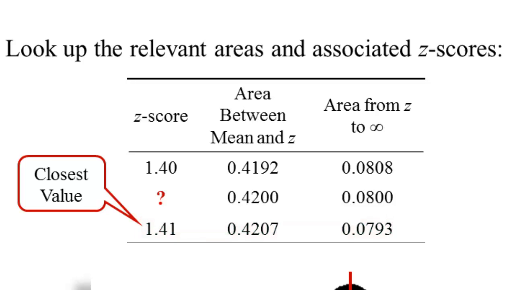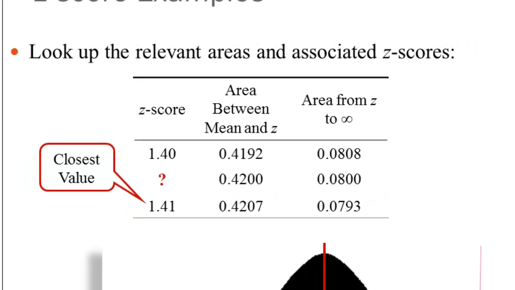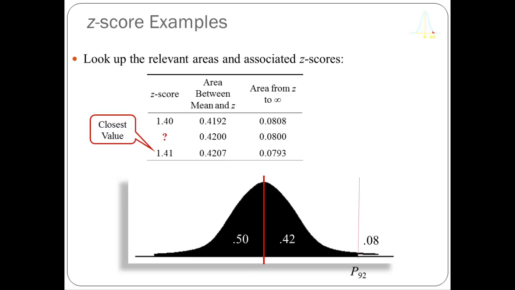If you may have learned in middle school or high school how to interpolate numbers, more technically we should probably interpolate this, but the amount of error is so small that my suggestion for this course is simply take the closest value, which in this case is a z-score of 1.41. So now we know that the score at the 92nd percentile is a z-score of 1.41.